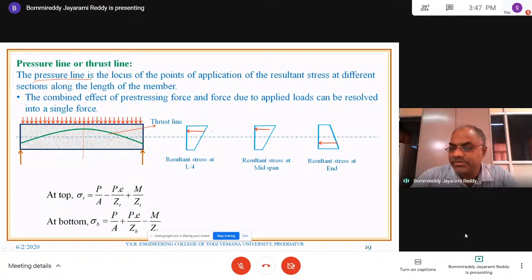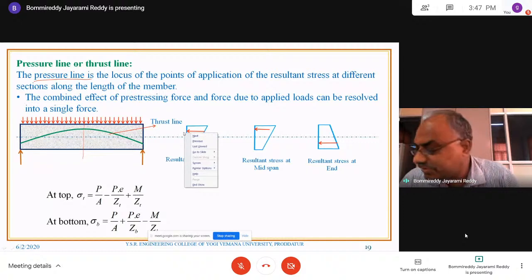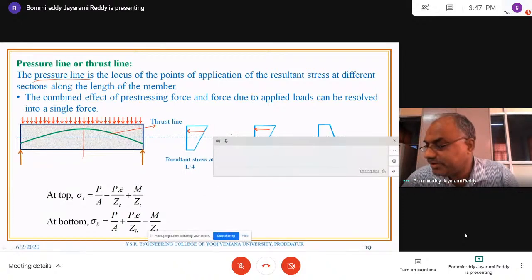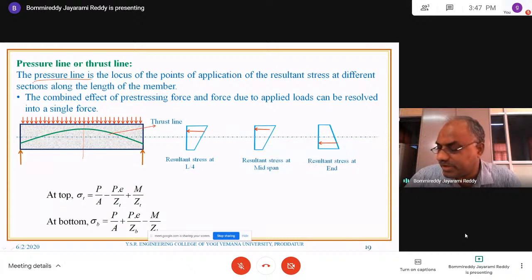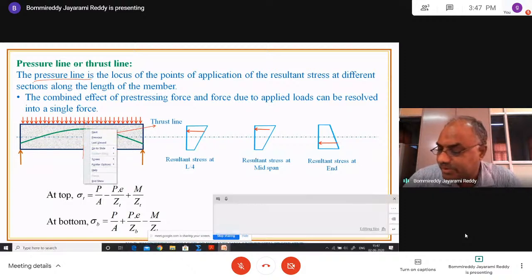And the resultant of this trapezium will lie at this point, the red mark. That is called the point of application of the resultant. That arrow mark shows the resultant of the stresses at that point. That will be the same as this. This is the point.